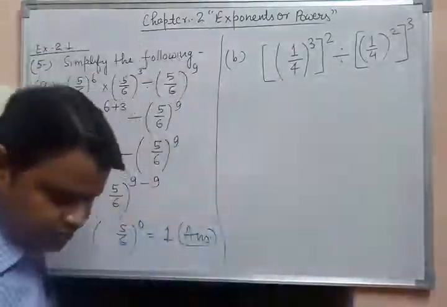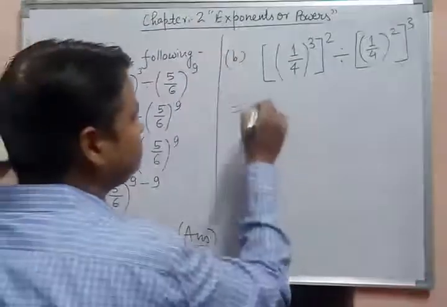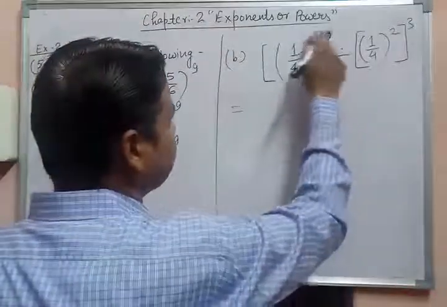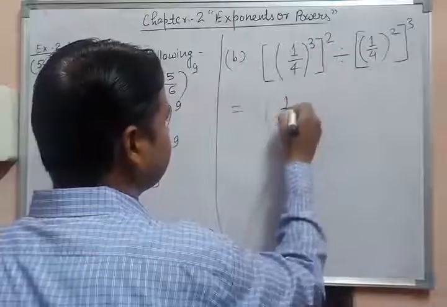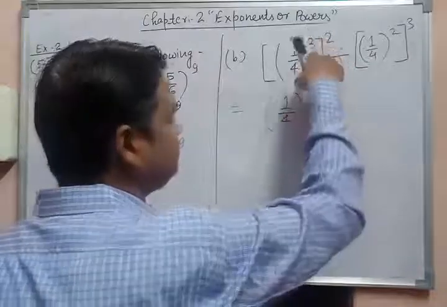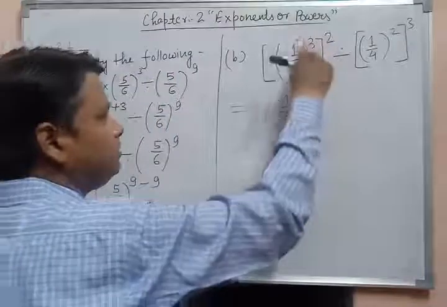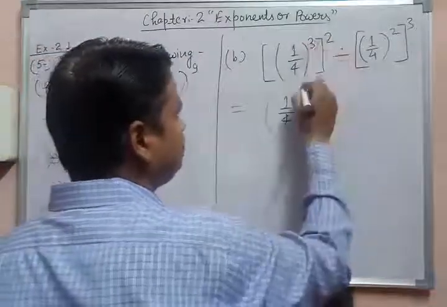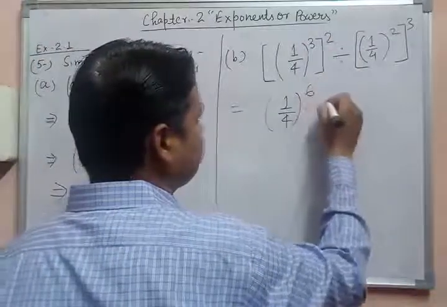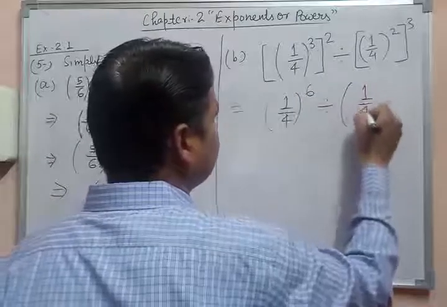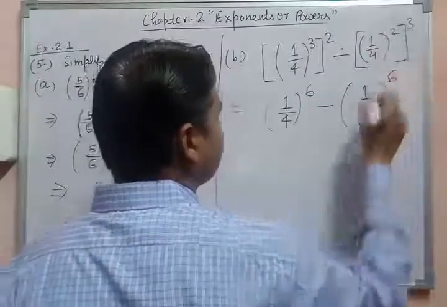So in the next step you have to apply this law of exponents. Here we get 4 to the power 6, because it is m and it is n, 3 into 2, m into n, that is 6. In the denominator, 2 into 3 is also 6.